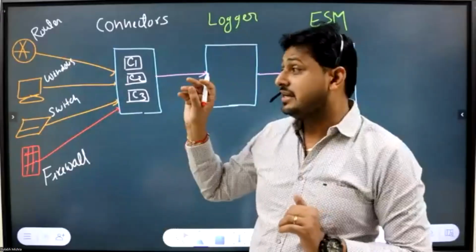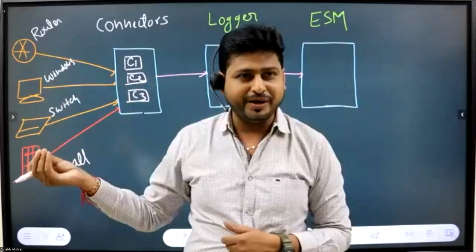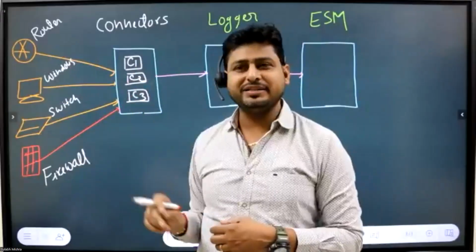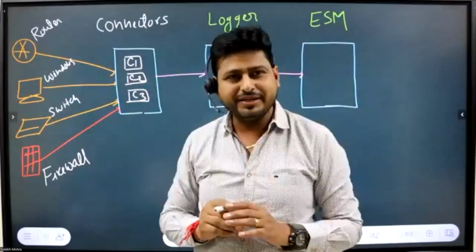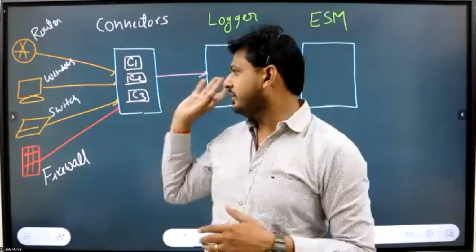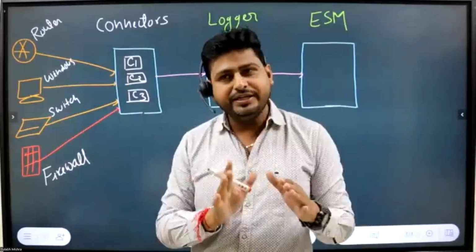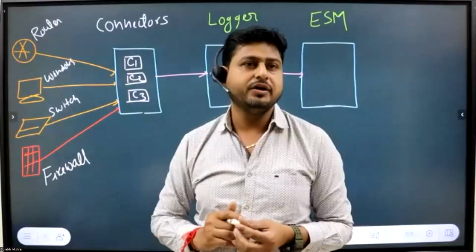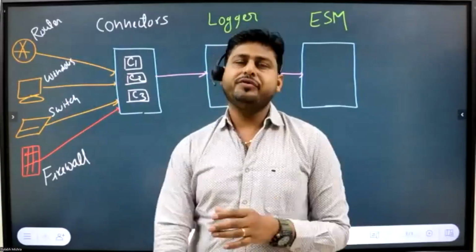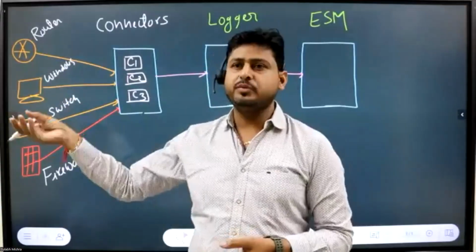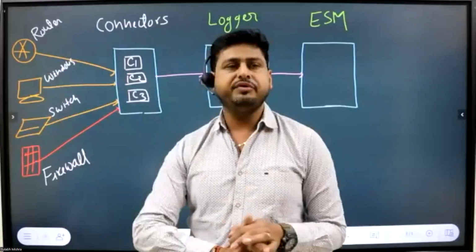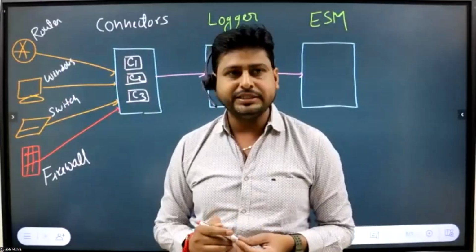We understand every device has a different format, so once the connector collects the log, it makes the log into the common format. Once we discuss the architecture, I will tell you the exact meaning of normalization in the SIEM. As of now, we understand that different logs will be in the same common format, which we call normalization.